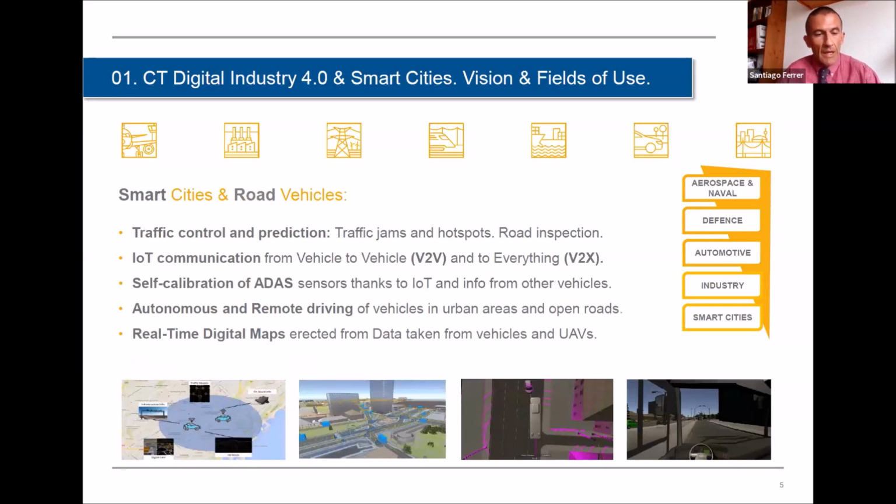And now, I would like to mention the importance of digitalization in such a specific area as a smart city. With a digital twin and proper simulations, we can test and train the traffic control, avoiding pointless traffic jams and hotspots. We can model the best routes and paths for transit and evacuation in case of emergency for all road users.